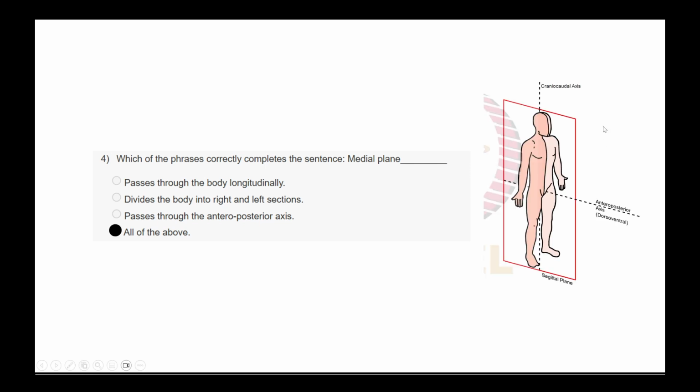So the sagittal or the medial plane passes through the body longitudinally, divides the body into left and right sections, and passes through the anterior posterior axis. The anterior posterior axis is in line with the plane. So the answer is all of the above.